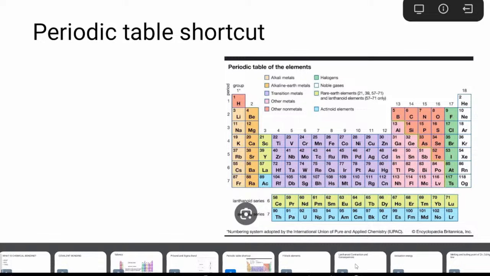And when we were talking about ZnCdHg, we said that these were coinage metals, right?